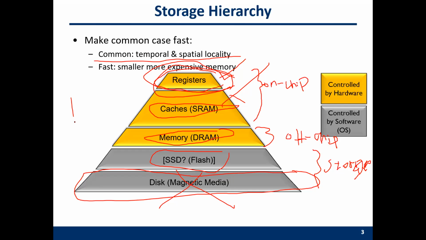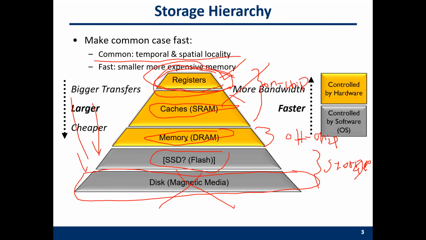They can easily access your disk, your SSD. So in this way, the locality is not good. So this is the trend for the price. This is the trend for the speed, the bandwidth.